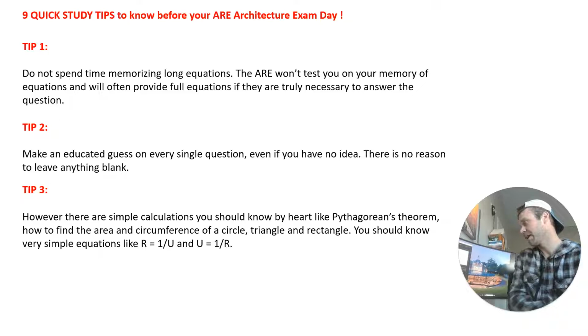You should probably know what that is. You should know what 12 times 12 is. That just saves you time not having to use the calculator if you already have those quick calculations in your memory. Stuff like moment equals force times distance, that's an equation you should probably know. Simple slope equations, that slope is rise over run, that kind of thing.